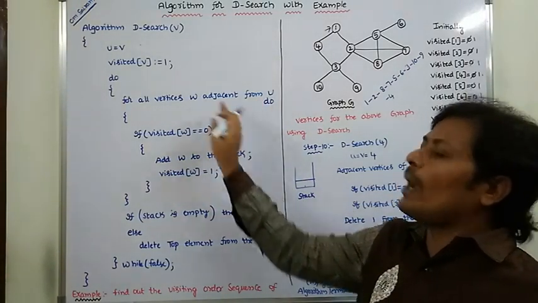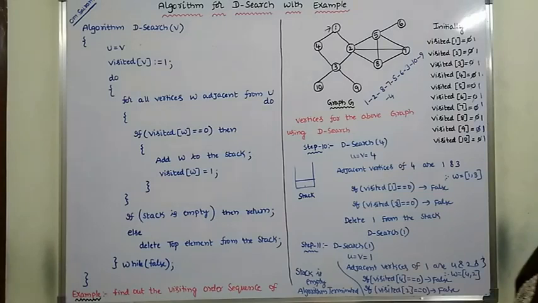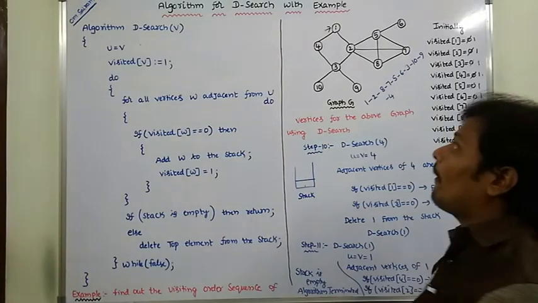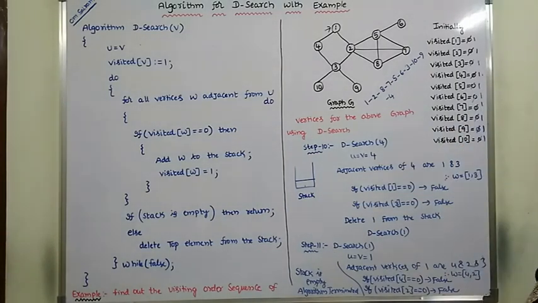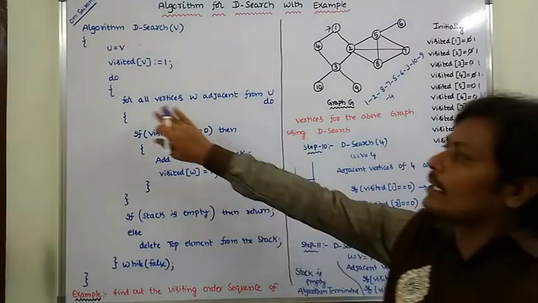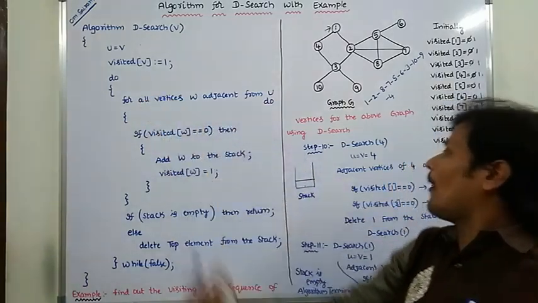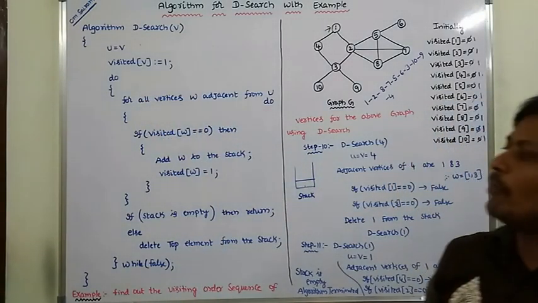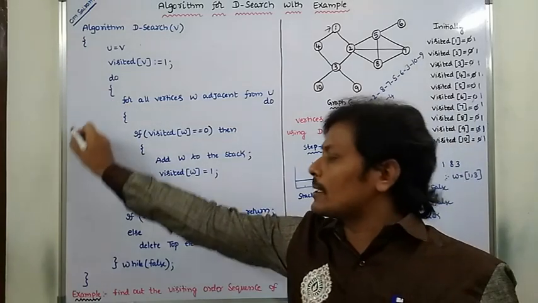Now there are no unvisited adjacent vertices of vertex 1. 4, 2, 3 are already visited. So there are no adjacent vertices of vertex 1 left, and this condition is false.